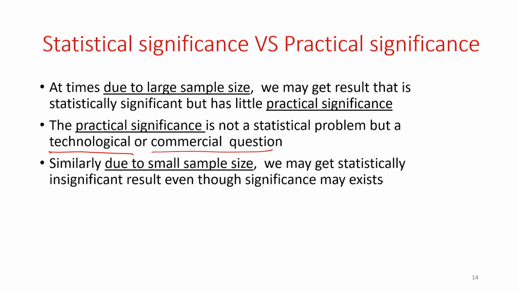A similar thing may happen for technological considerations also, that we need not change the draft because the count has changed by 0.5 or 0.2 or 0.4 or 0.6. So that could be a technological consideration. So statistical significance could be there, but practical significance may not be there.